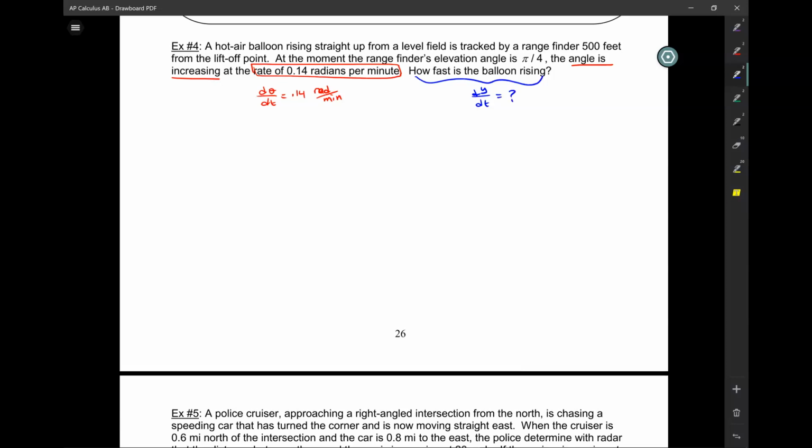Now, what other piece of information do I have? I know that all this is happening at the moment when the elevation angle is pi over 4. Let me do that in red. Theta is equal to pi over 4. What else am I given?